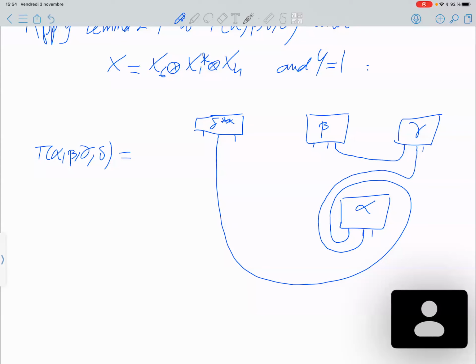Everything is a zigzag relation, made of evaluation and co-evaluation maps. And the third here, like that, and beta, like that. And finally, you have that. Okay.